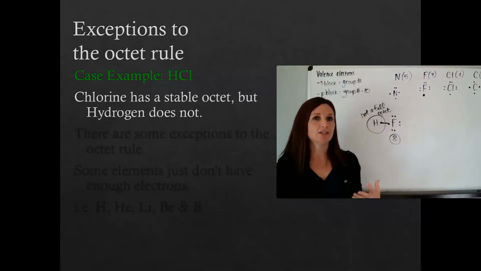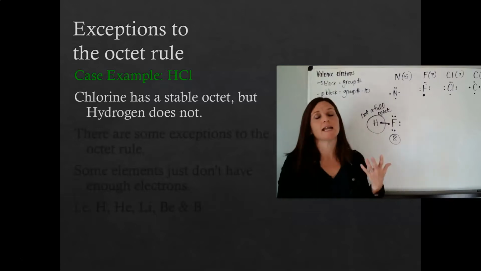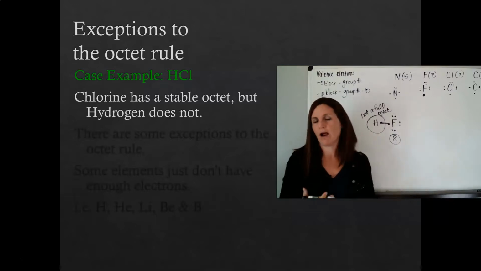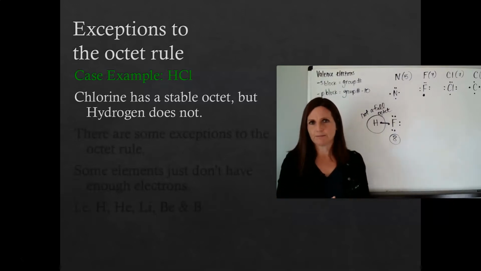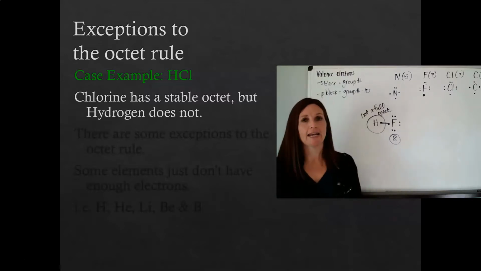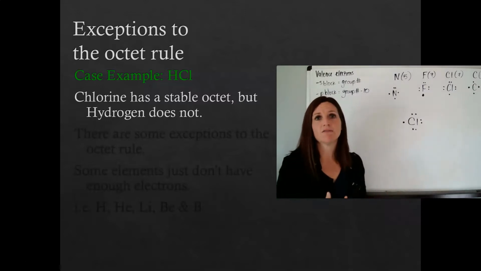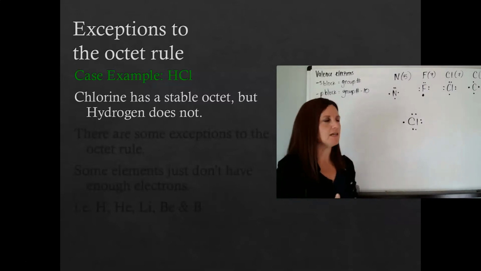And it turns out that hydrogen is one of a handful of elements on the periodic table that cannot and will not achieve a stable octet through any type of bonding. It just doesn't have enough electrons to pair up to end up with 8. So let's look at what is happening with hydrogen, and we'll start by looking at HCl. So once again, chlorine is a halogen, so it has 7 valence electrons, group 17.